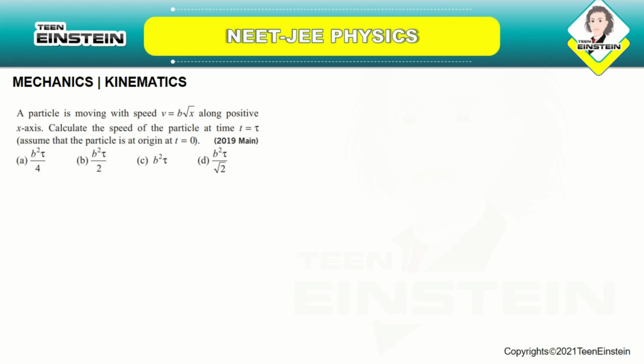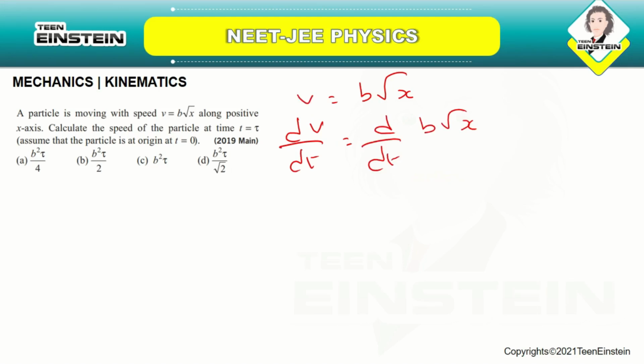Okay. So here they have given speed equal to b root x. If you differentiate with respect to time, you will be having dv by dt is equal to d by dt of b root x. We know that dv by dt is equal to a. So you will be having a is equal to b by 2 root x into dx by dt.